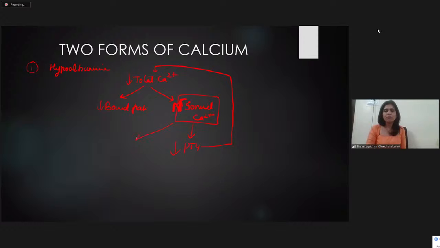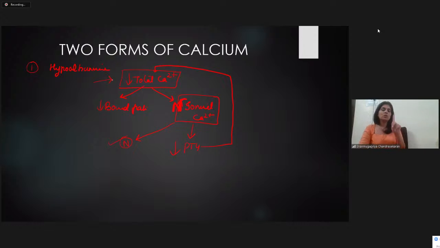The functional form of calcium happens to be normal at one point. Momentarily, there is an increase in ionized calcium, but because parathormone comes into action, at one point ionized calcium has become normal. But which calcium is low? Total calcium is low. So if in your laboratory you are estimating total calcium, it is going to be a falsely low value.